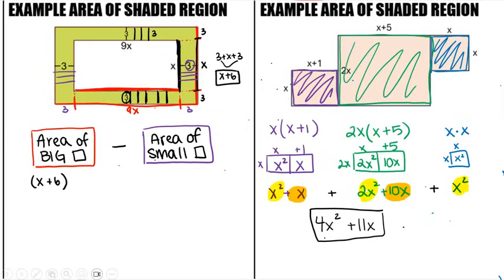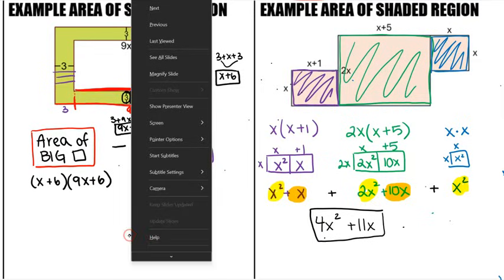So in total, that side of the rectangle would be 3 plus 9x plus 3, which would give me 9x plus 6. Be careful when you're combining like terms in those situations, because a lot of times people will write 15x there, but we can't add the 9x with the 3's. So now I know I can find the area of that big rectangle by multiplying those two things together. So I'm going to use the box.